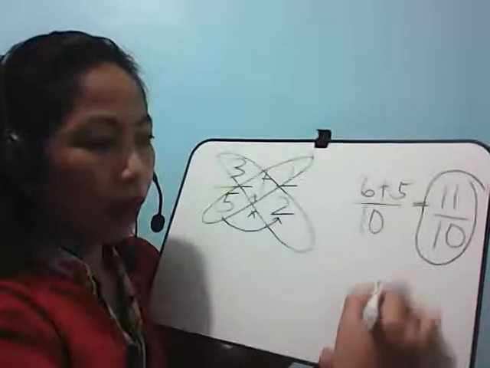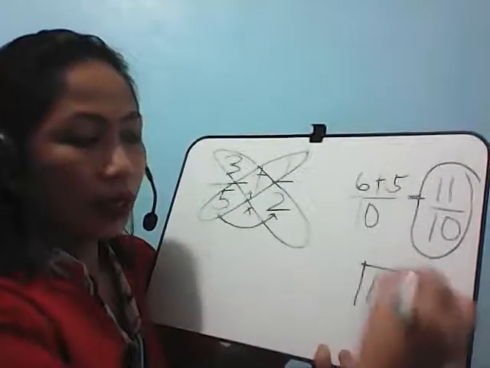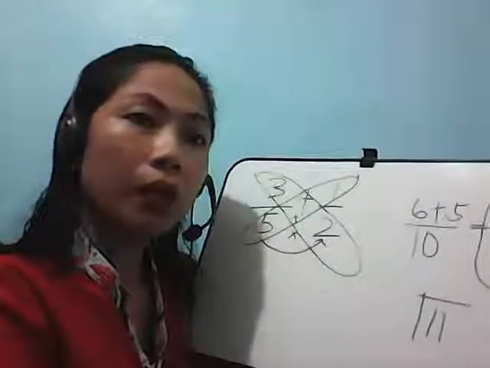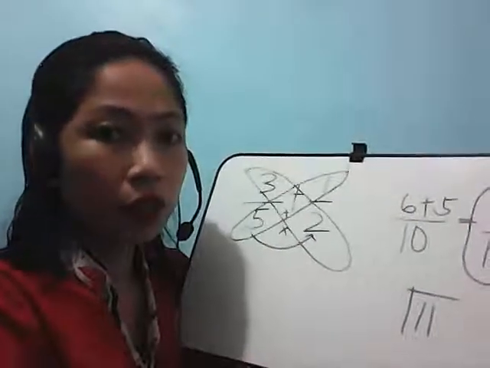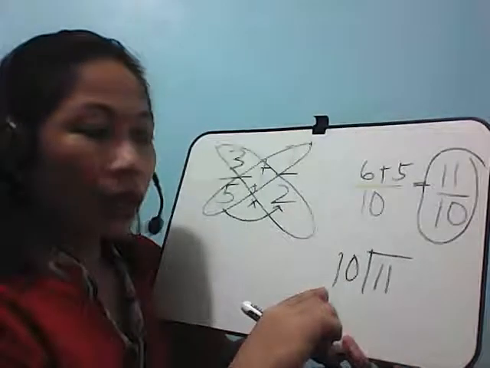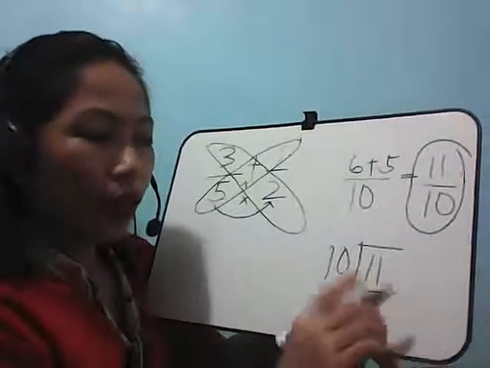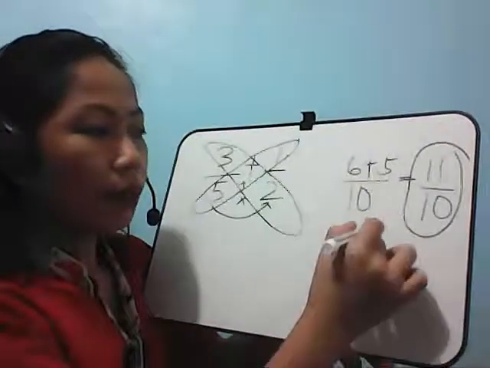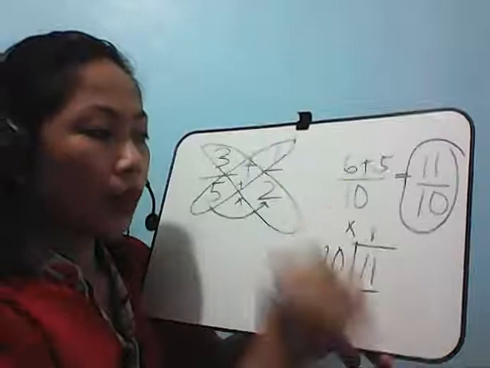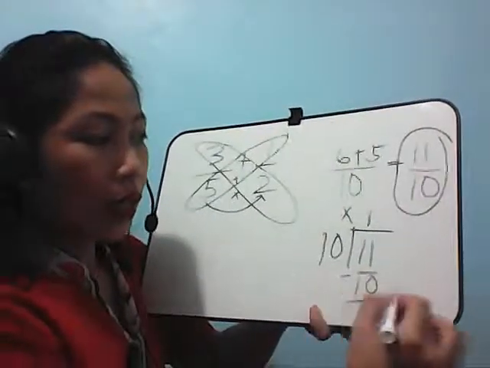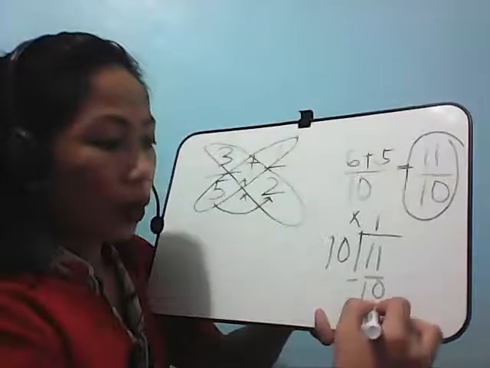For example, 11 divided by 10 is equal to 1. Then, 1 times 10 is equal to 10. So, 11 minus 10 is equal to 1.